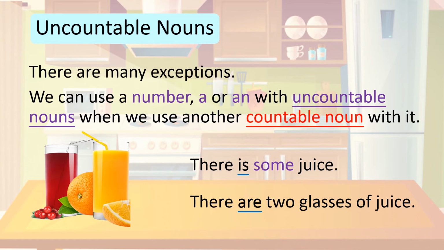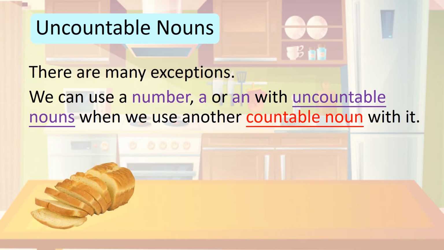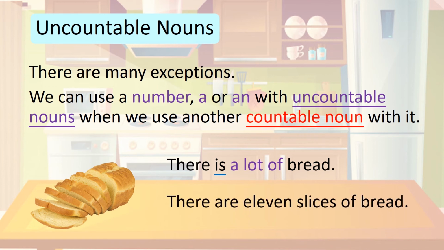Another example is bread. Bread is an uncountable noun, so we can say there is a lot of bread, using is, singular verb. However, we can quantify it by saying there are 11 slices of bread. We can count the number of slices.